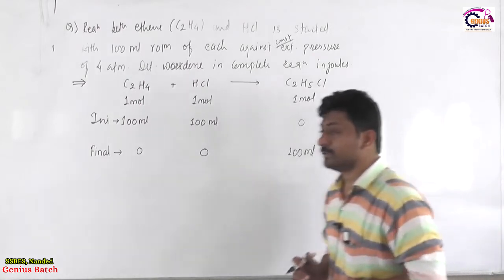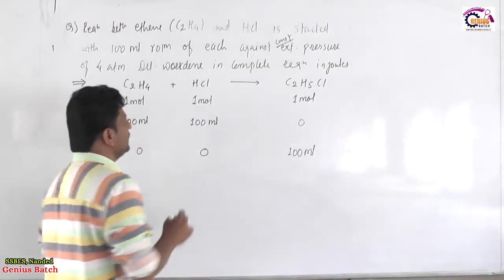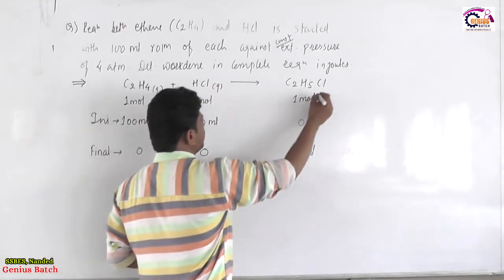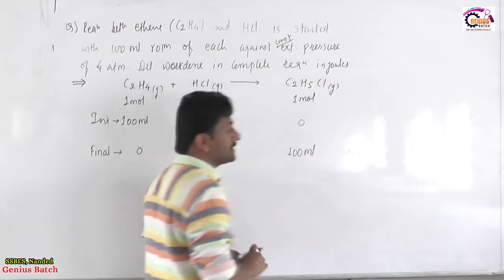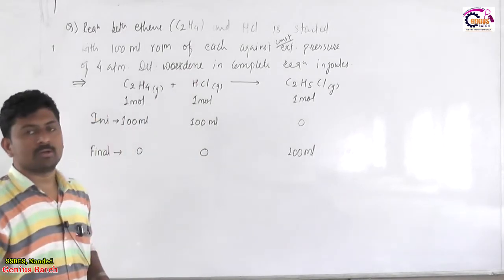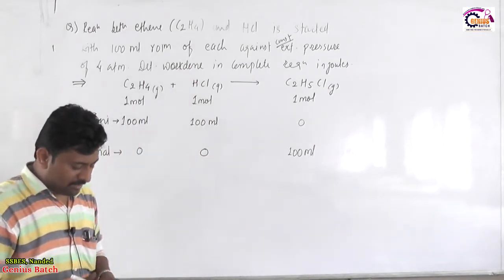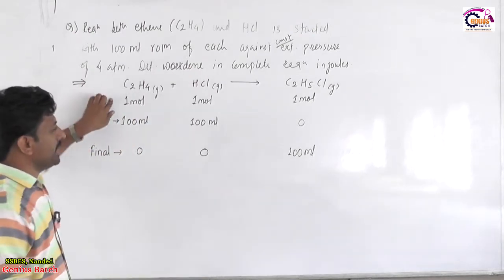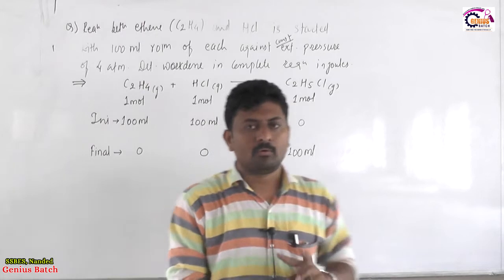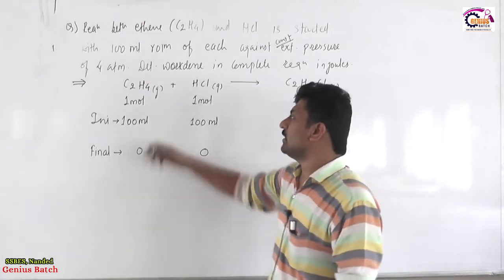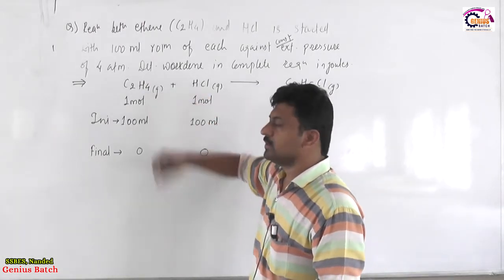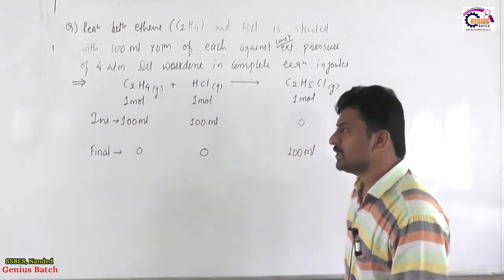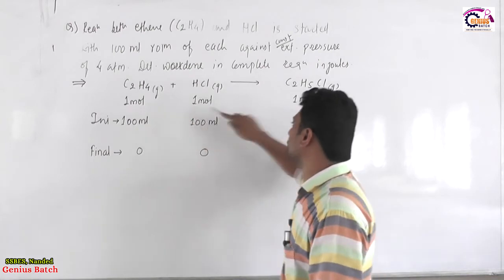This is the important thing. The reaction is a homogeneous gas phase reaction, and when it is a homogeneous and gas phase reaction, we need to consider stoichiometry for the combining volumes, and from the stoichiometry we have a conclusion. Out of 2 reactants we require a 1:1 proportion, meaning they should be in equal volume, and after complete reaction the total number of moles converts to half.